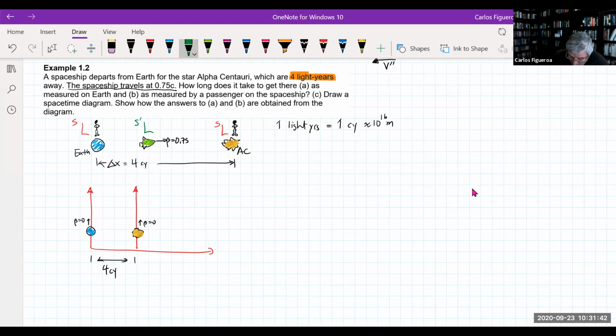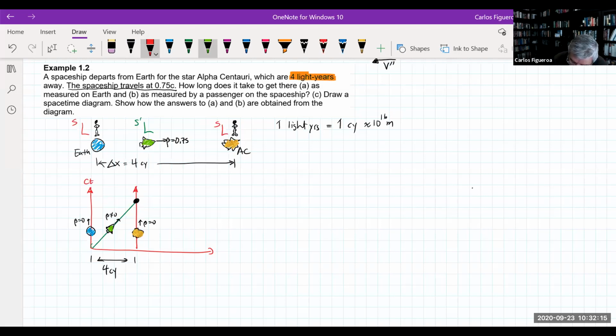So as the rocket moves, what we're seeing here is that it catches up to Alpha Centauri. The rocket is moving in this frame right here, and as it moves along, it's essentially going to coincide with this guy in this direction. So this is the destination that it gets to.